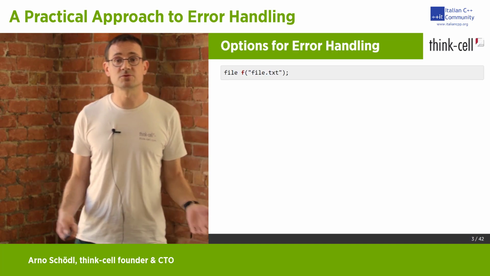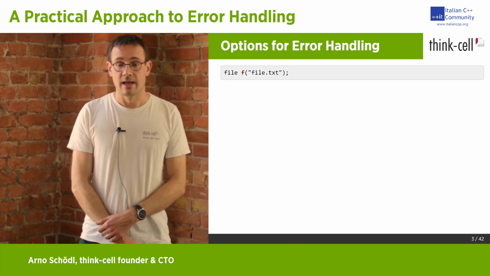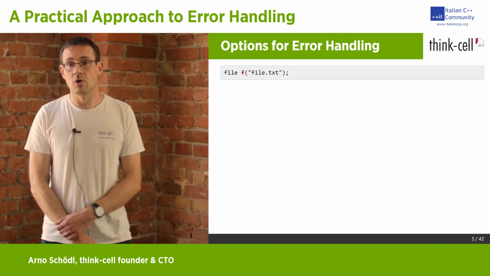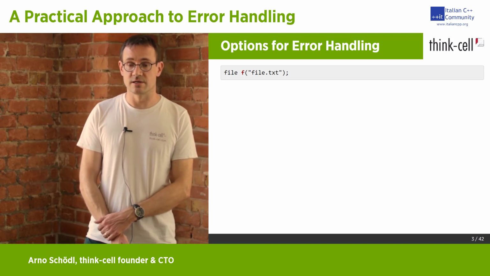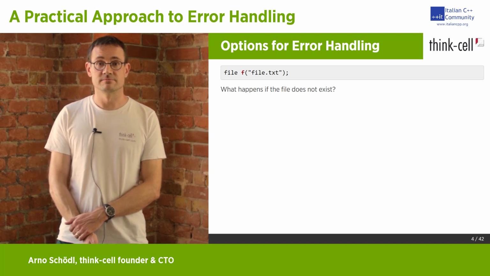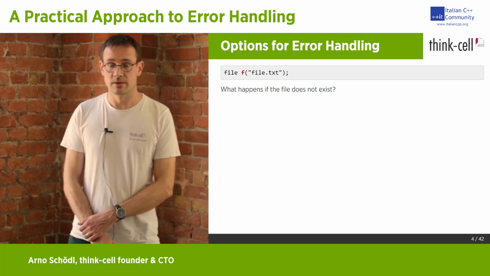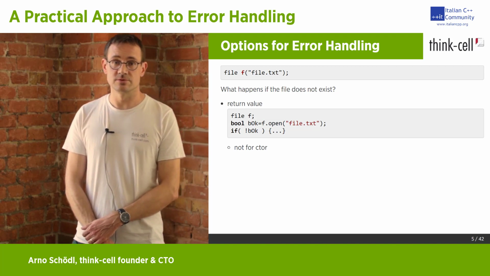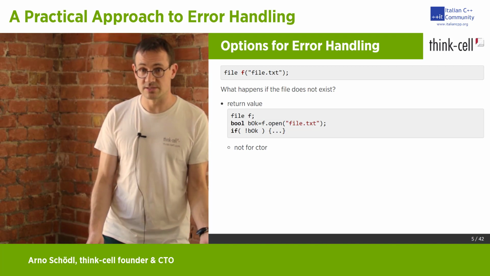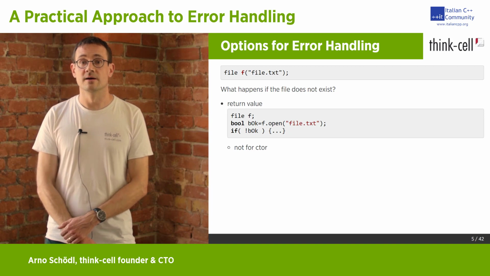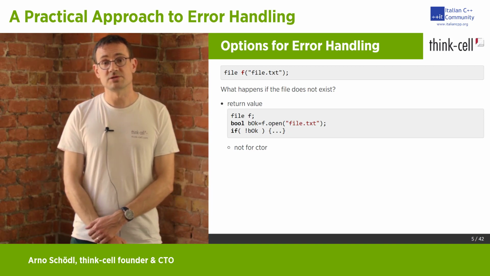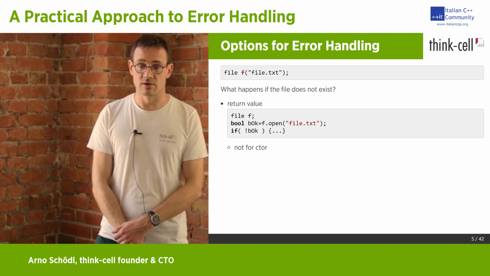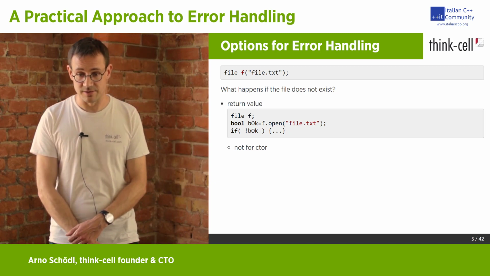What options do we have to transport errors out of functions? Say you're opening a file and the file's not there. How do you know? Well, the classic way to do it probably is a return value. So you cannot do this in a constructor. So you have a function, open say, and it returns either true or false, depending on whether the operation succeeded or not.